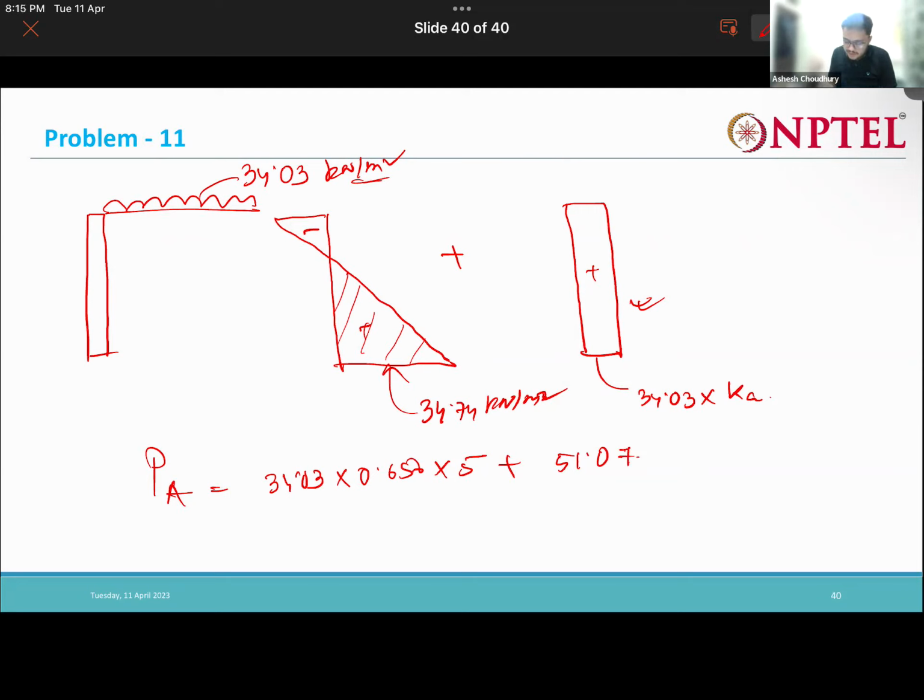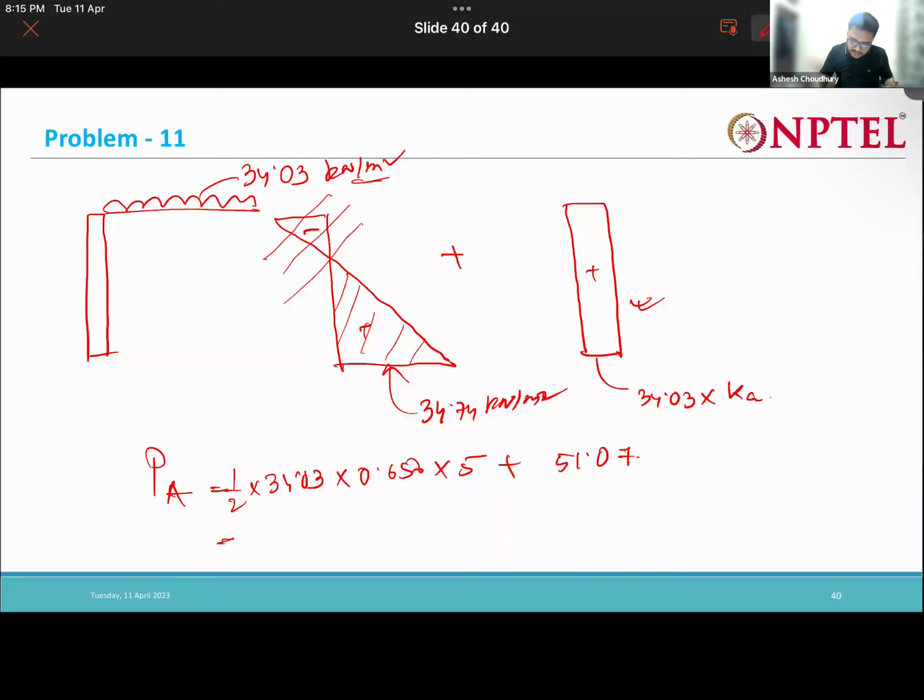Why we are doing 51.07? Because this portion now it is not developing, right? The upper portion is not developing. Negative portion is totally cancelled out due to this application of this. So our total will be half into 34.03 into 0.656.